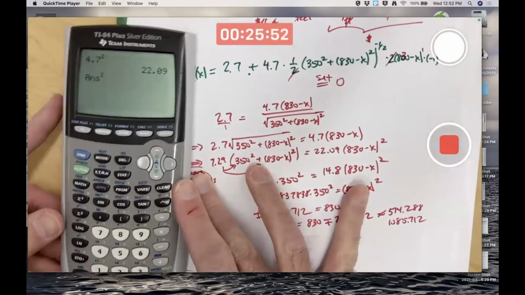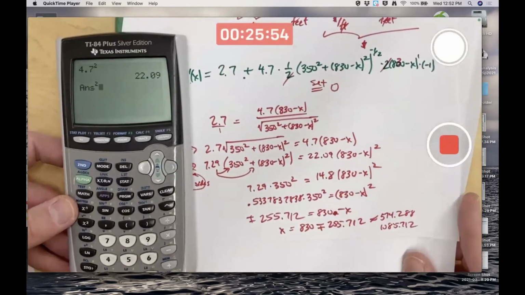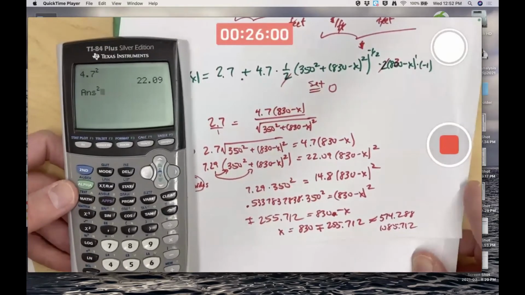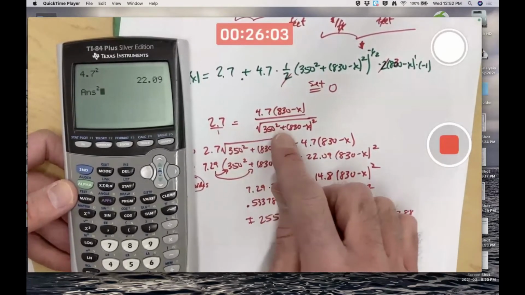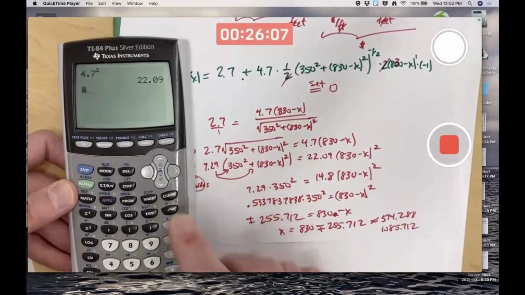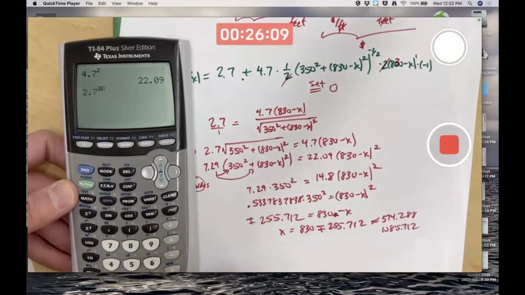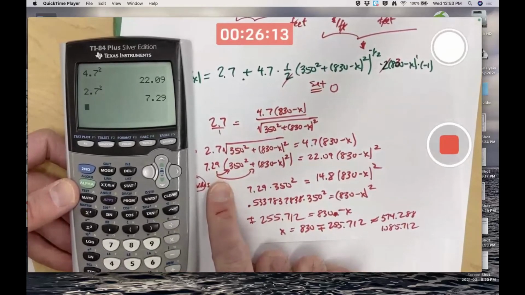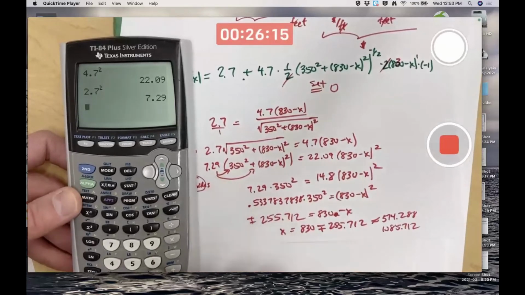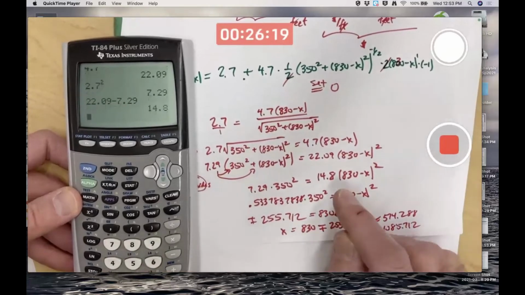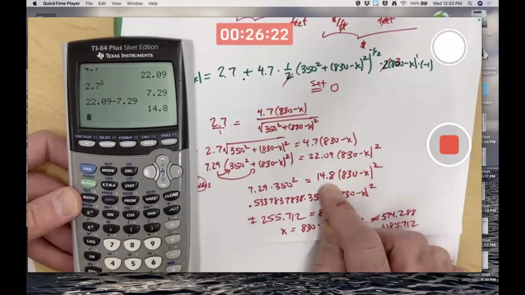Let me just quickly check the calculation again here. 4.7 squared is 22.09. 2.7 squared is 7.29. 22.09 minus 7.29 is 14.8.